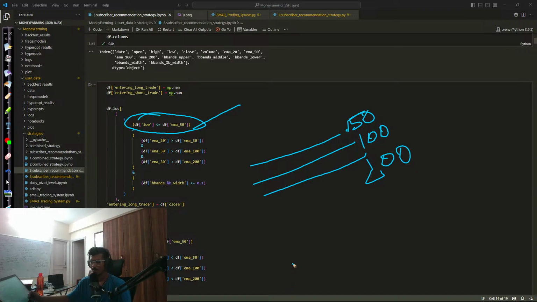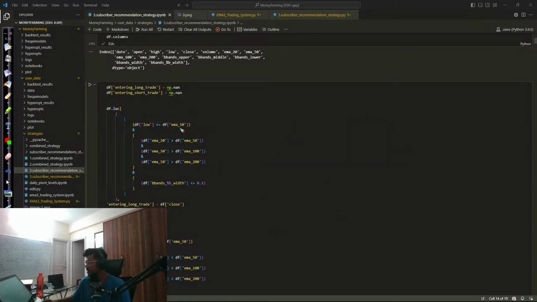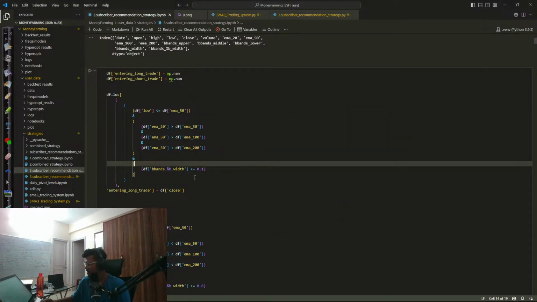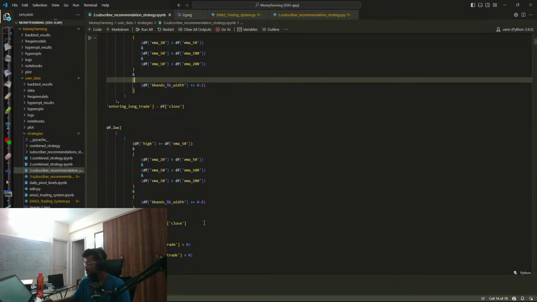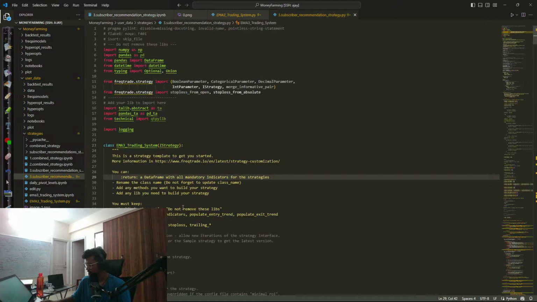As the candle goes down to 50, and 50 is above 100, and 50 is above 200, and the percentage width is less than 0.1%, then we enter long there. That's the condition, and when you reverse it, it's for the short trade. So I'm going to go there and remove all this first.